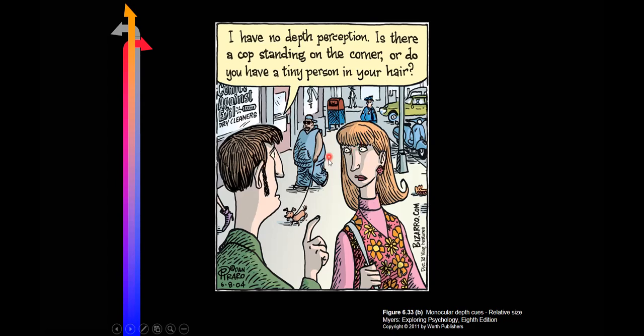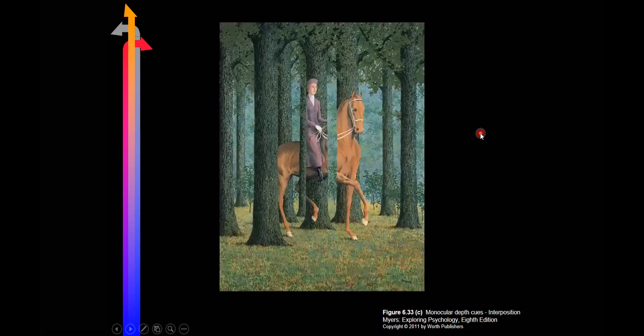The fact that this person is higher in their visual field than, say, this guy here would indicate that they were somewhat further away. And thirdly, my students pointed out, I hadn't even noticed, that interposition comes into play. She's actually covering up part of the police officer, and so that suggests to us that they're further away. So you get a whole bunch of them there.